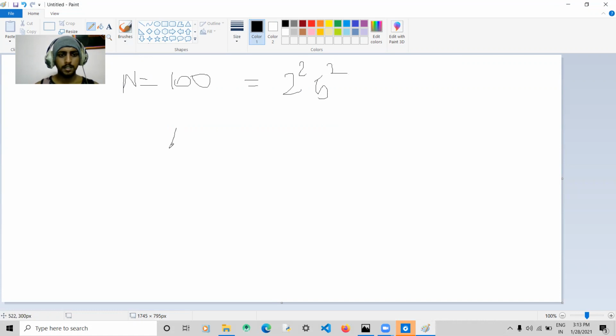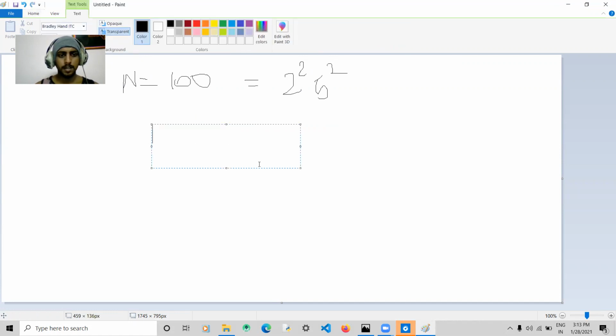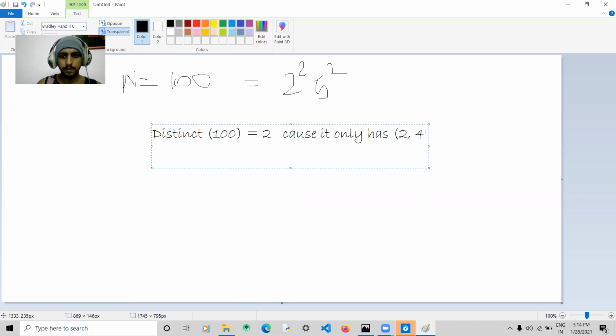So the number of distinct prime divisors this number has is 2, because it only has 2 and 5 as divisors. So you have to tell whether this number actually is prime or not.